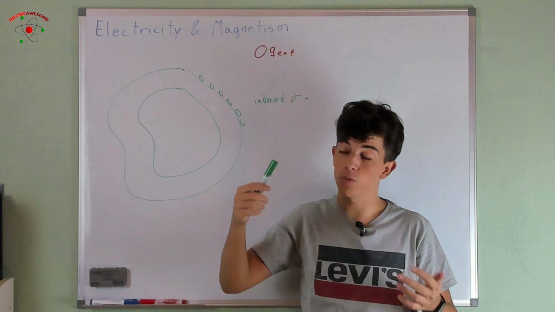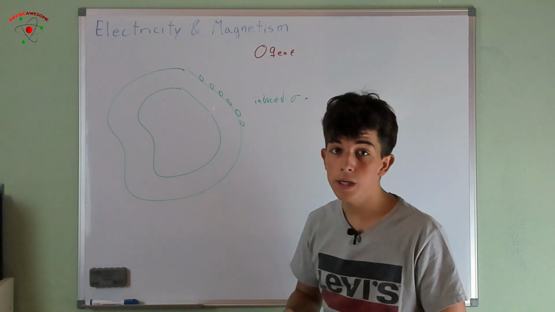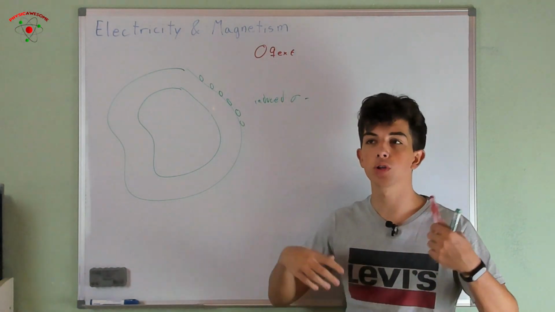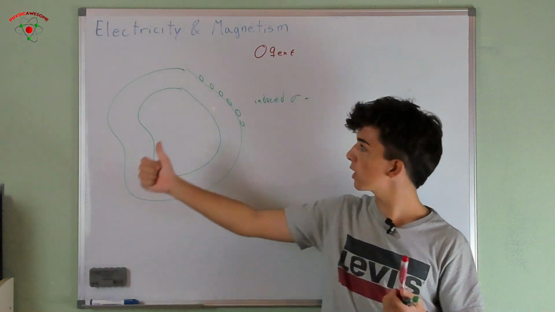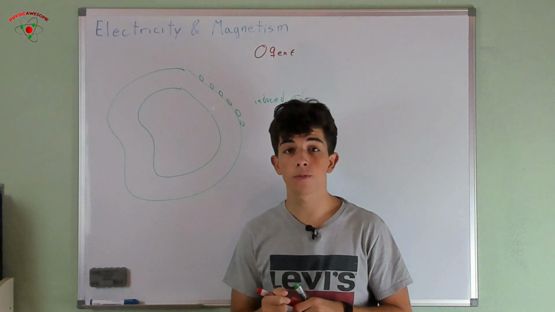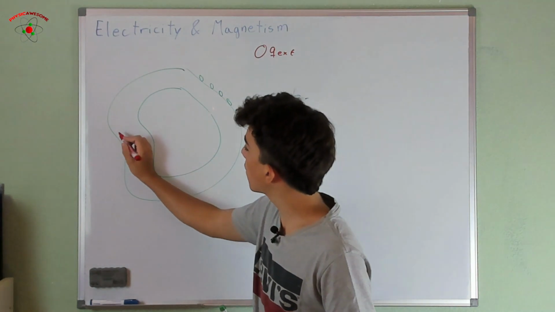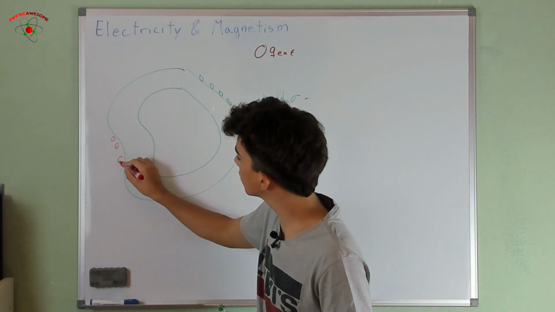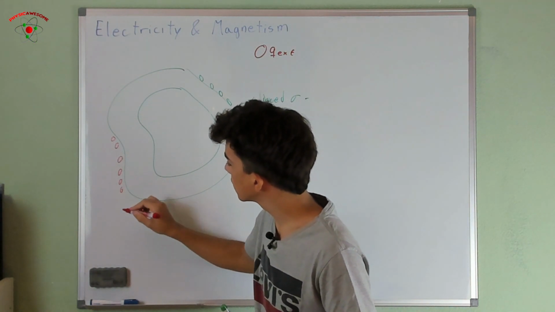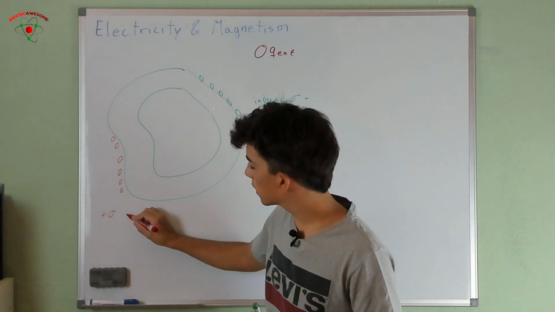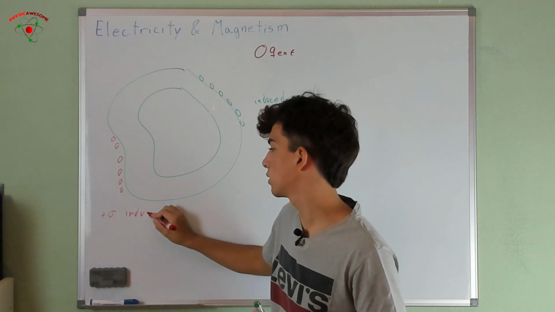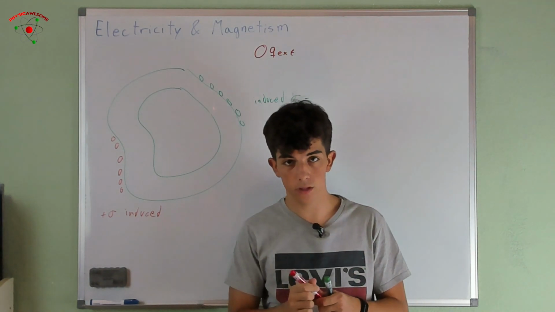And in return, there's going to be some protons that are going to be left without electrons because the electrons have moved over here. Therefore, we're going to have some positive induced charge density on the surface.